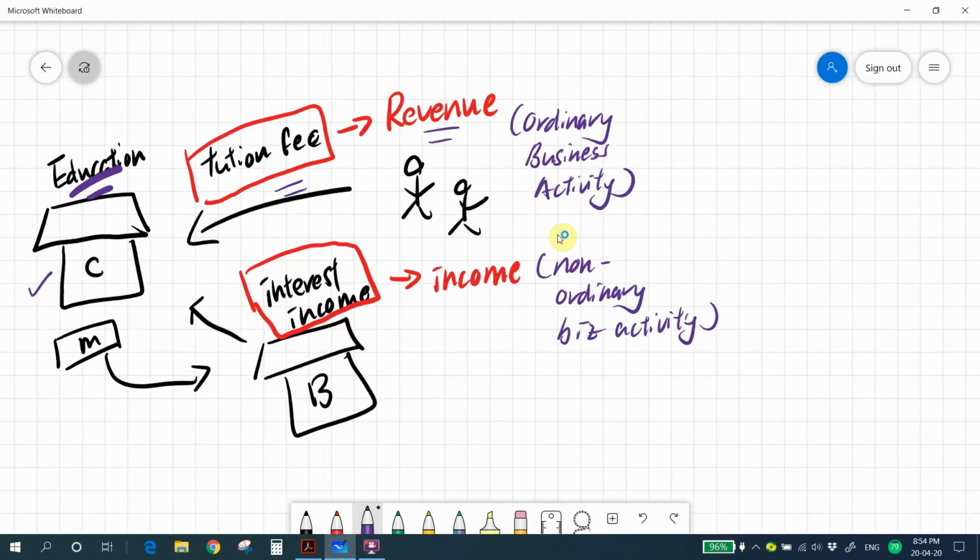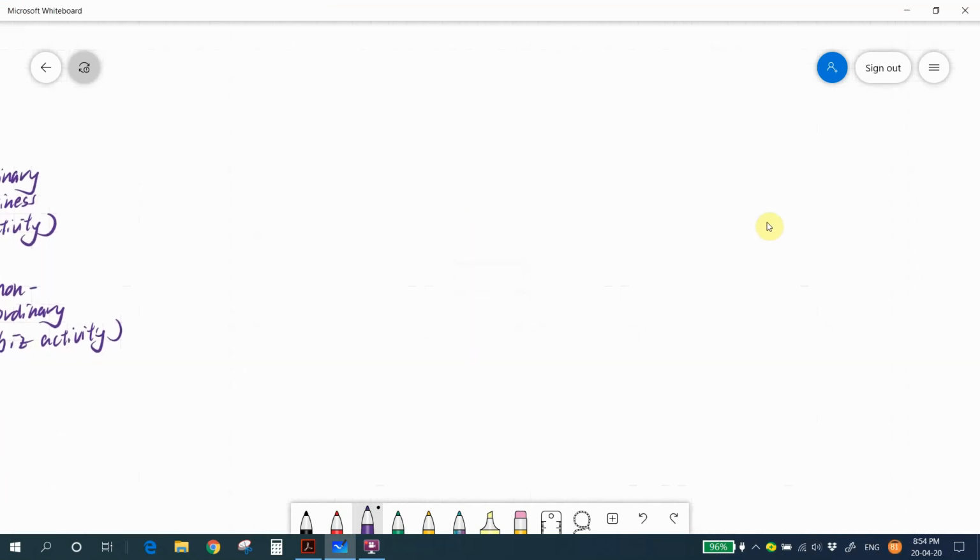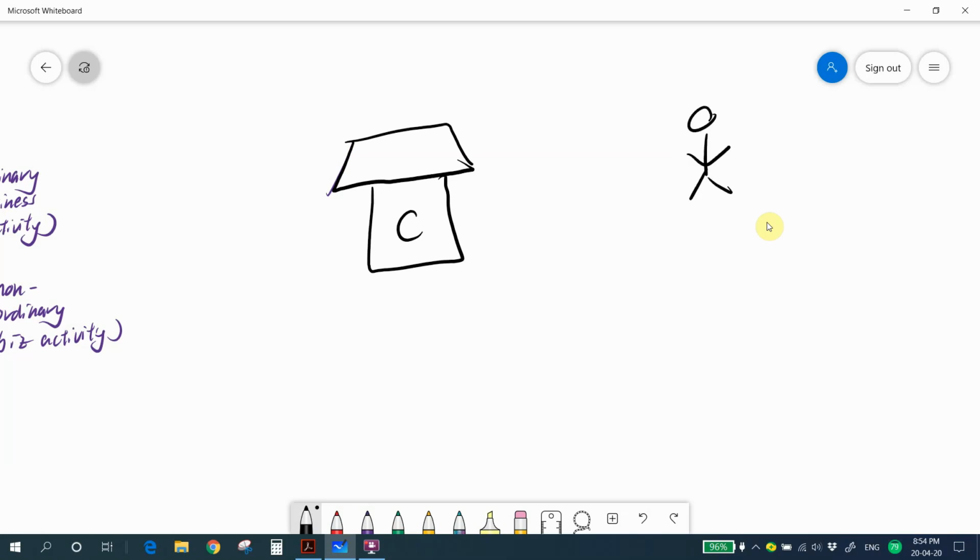We can use another example to explain the difference of purchase and expenses. We use the same example. We use Crescendo again. So this is Crescendo, and this is me. I am TCP. So college has to pay me, right?